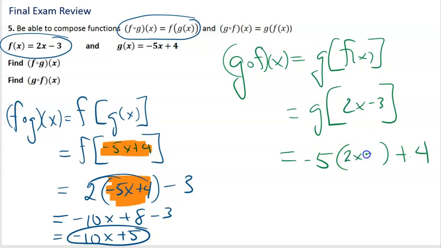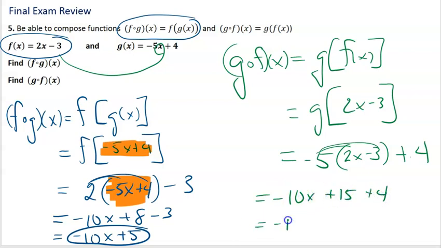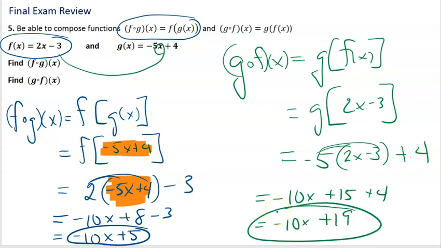So that's 2x minus 3. In other words, you're taking the entire f function and plugging it in for that x right there. So that's going to give me, when I distribute the negative 5 inside, just the algebra, negative 10x plus 15. You got to add 4 to that. So that's negative 10x plus 19, and that's it.